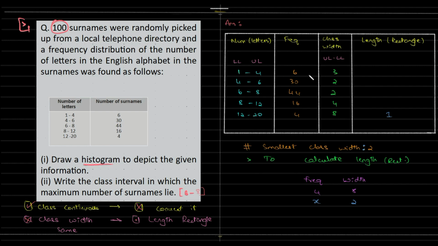Okay, let's look at the first one, 6 and 3. Oh yeah, by the way, I want to make this very clear. This value came from the smallest class width. And this came from the table.